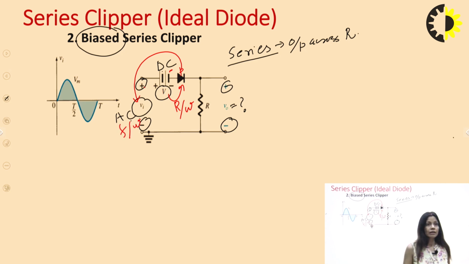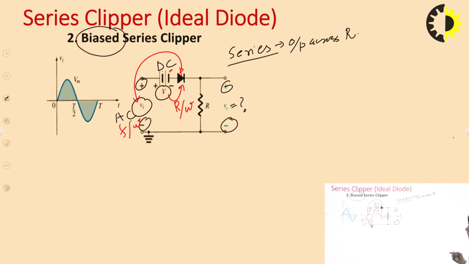That means for the positive half cycle, the AC is making the diode forward biased, and for the negative half cycle, the AC is reversing the diode, and the DC voltage is constantly reversing the diode.